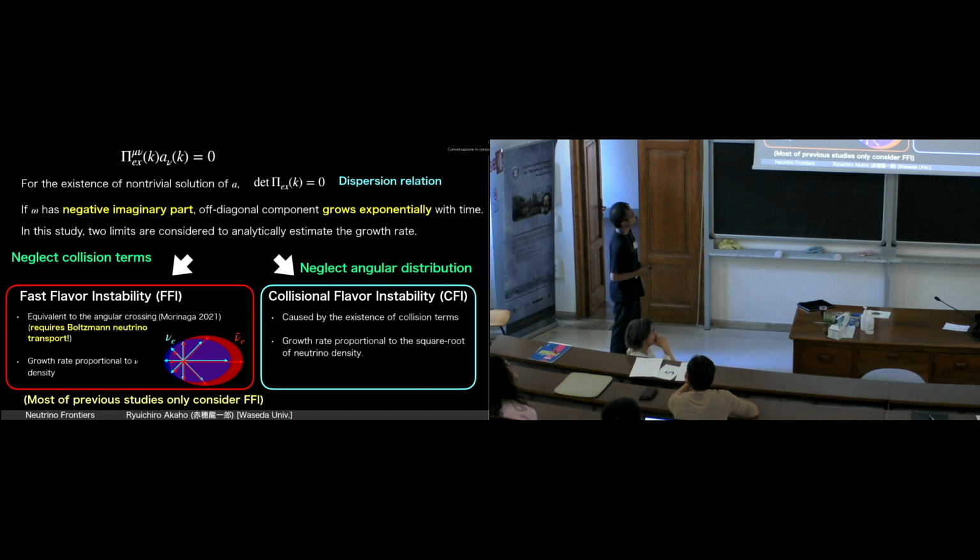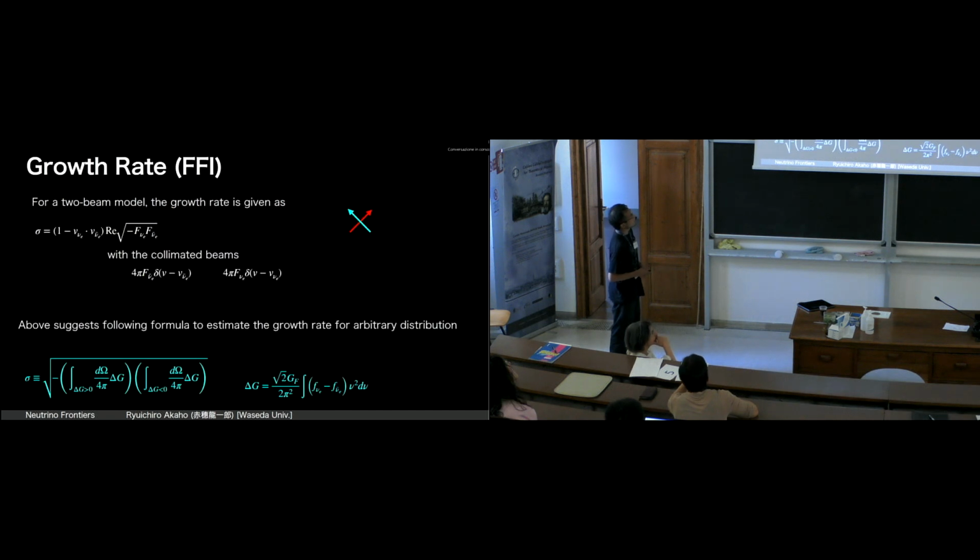And in this post-process analysis, I use the analytical formula. So the growth rate of the fast flavor instability is given by this formula, where this delta G denotes the difference between the electron type neutrino and anti-electron type neutrinos.